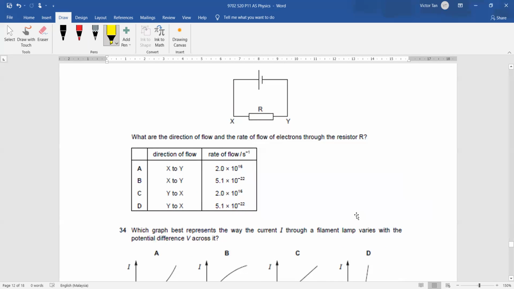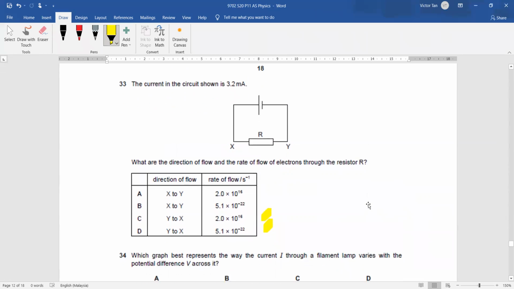What is the direction of flow? The rate of flow of electrons through the resistor R. Y to X. So these two. I equals Q over T. Times 10.